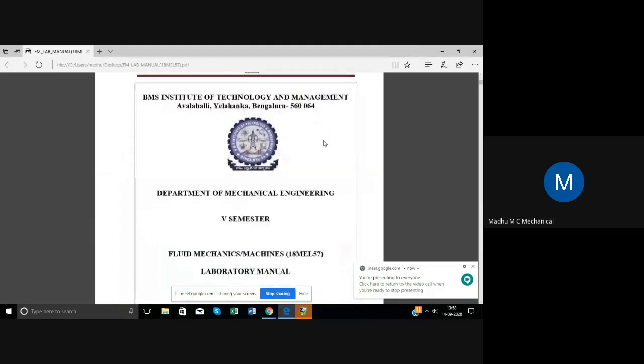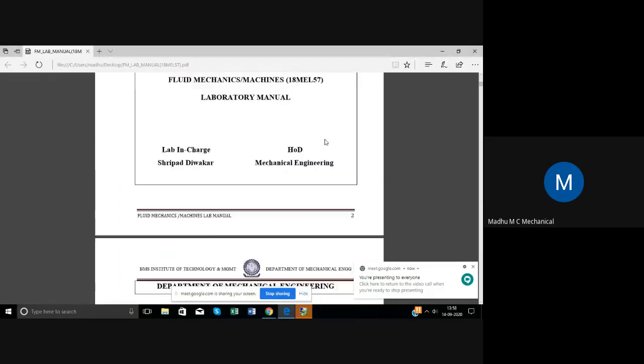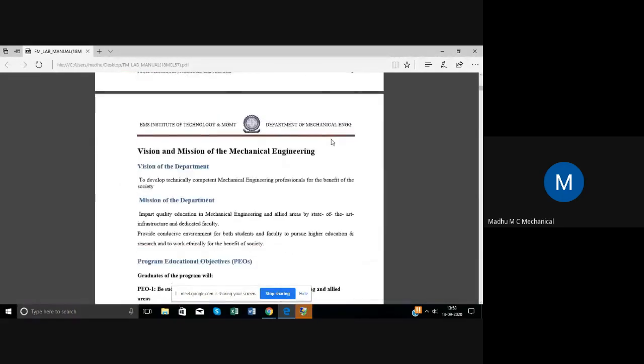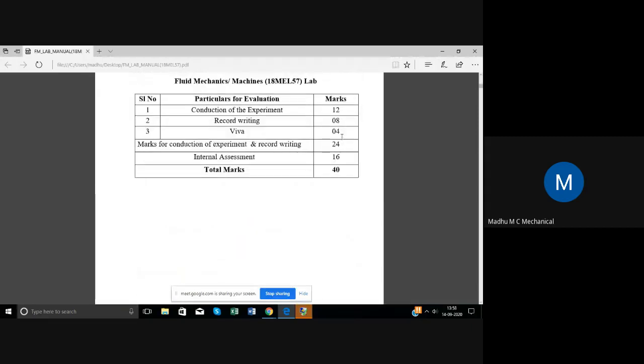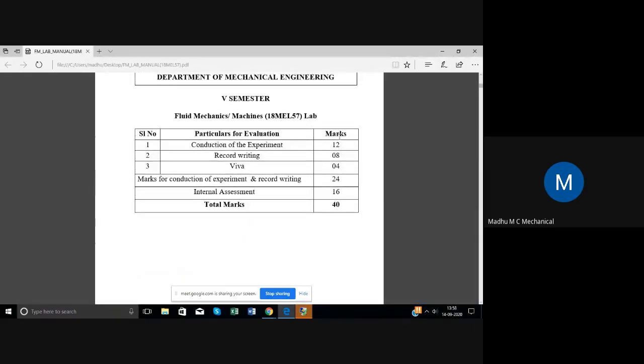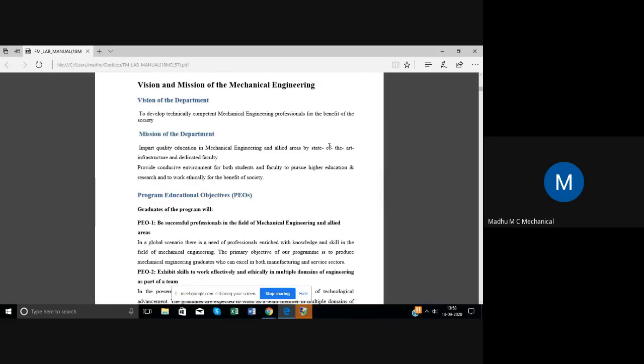Yeah, you can see the manual? Yes. So this is the fluid mechanics manual.